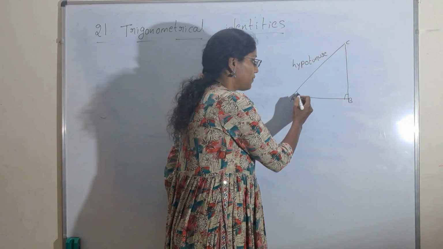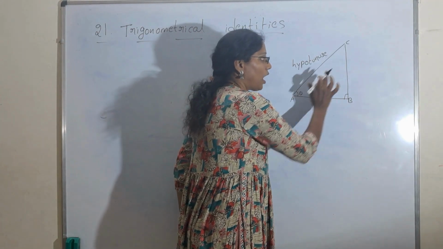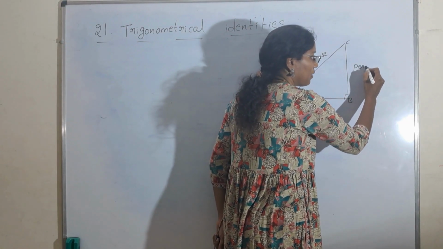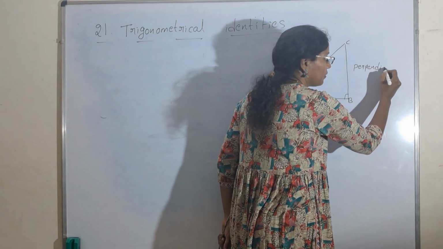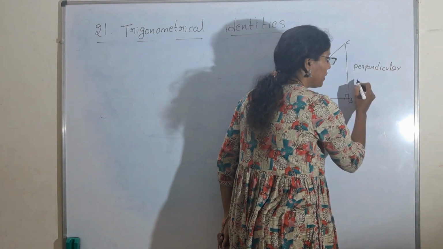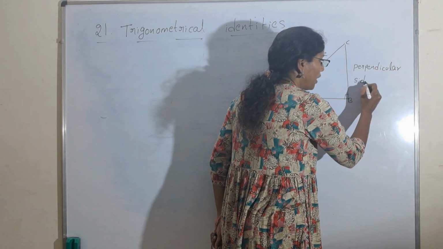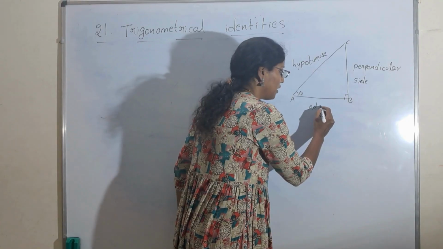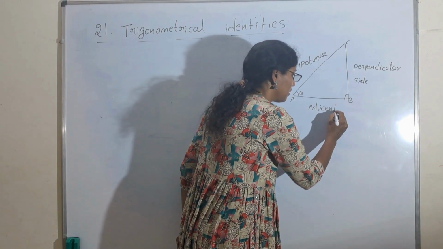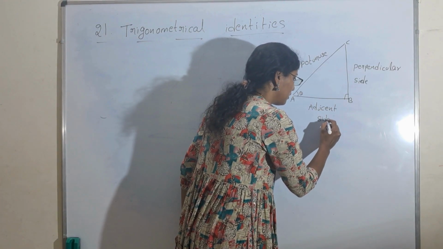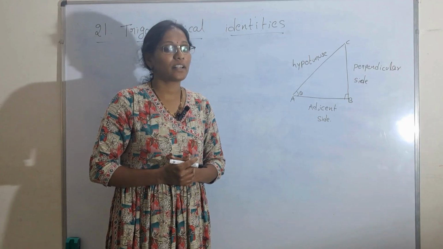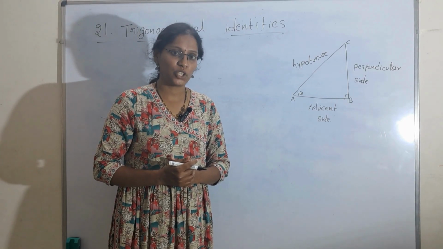Suppose you consider theta here, the side opposite theta we call the perpendicular side. And one more side is the adjacent side, theta adjacent. These three sides we can use to find trigonometric identities and trigonometric ratios.